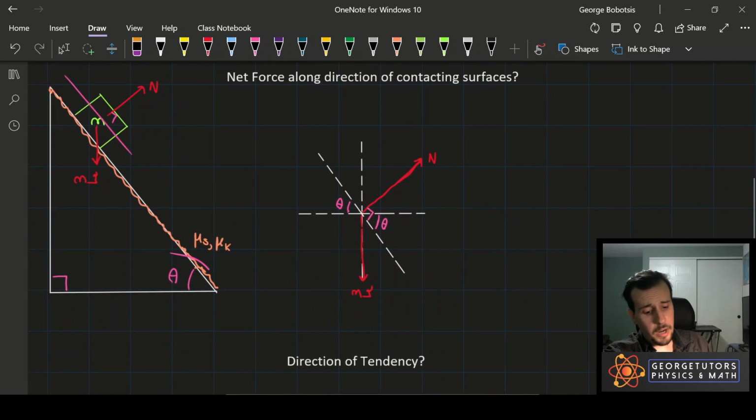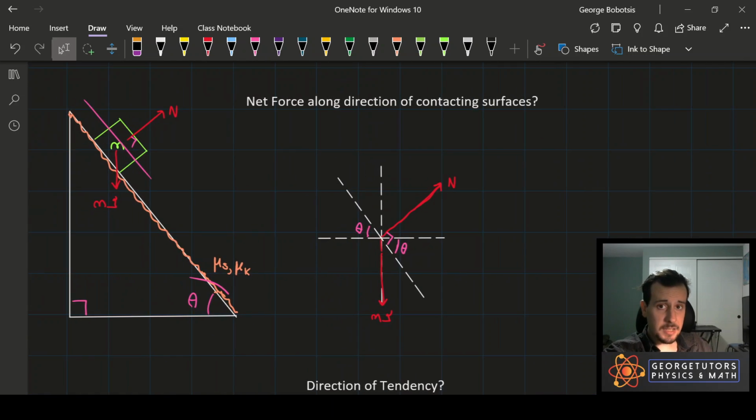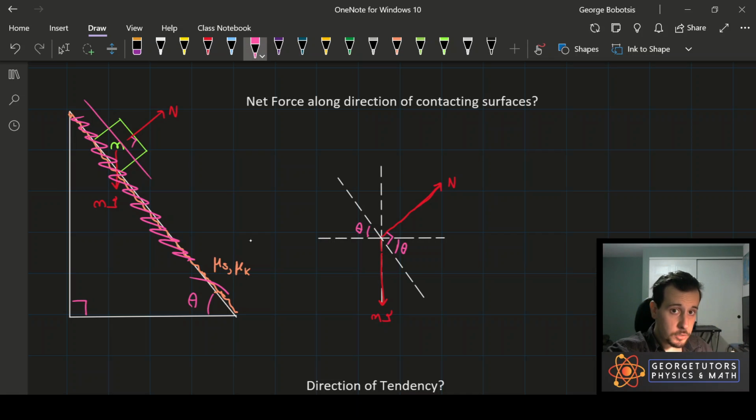And then what I need to do is realize again that I'm looking for the net force that is acting along the direction of the contacting surfaces. So along this direction, I want to see if my maximum static friction will exceed that net force that is acting right now or not.